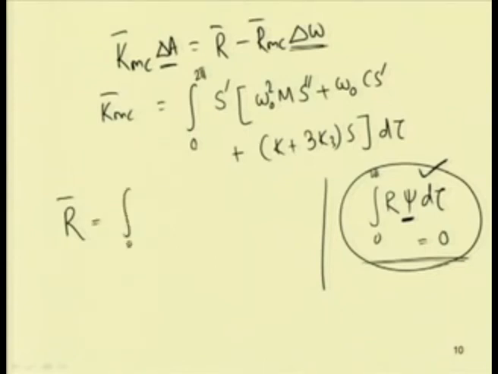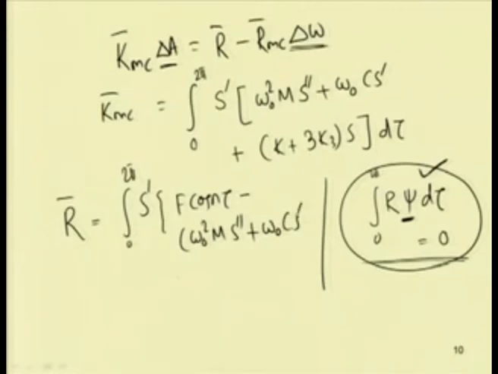So, r dash will be the integral from 0 to 2 pi of s dash into f cos n tau minus omega 0 square m into s double dash plus omega 0 c s dash plus k plus k 3 s, d tau a.